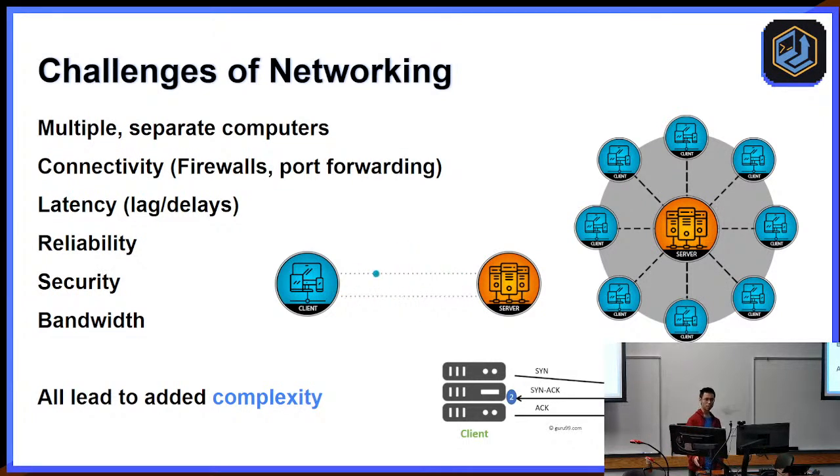Security, you have multiple computers, if one of the players tries to cheat, that will be an issue for the other players, and it will ruin the game for everyone. Security is pretty hard to do fully, but there are also some security measures that are fairly easy to implement, and I'll talk about that as well. Bandwidth is also important.